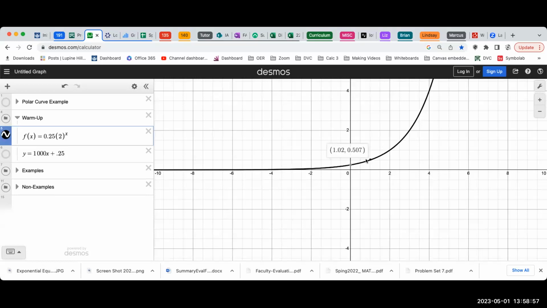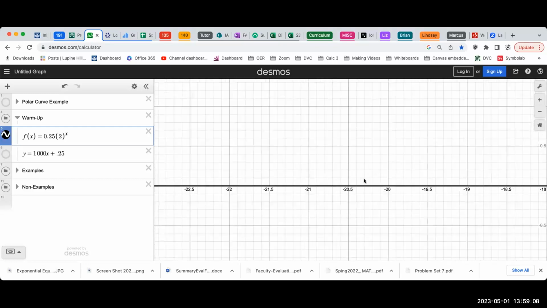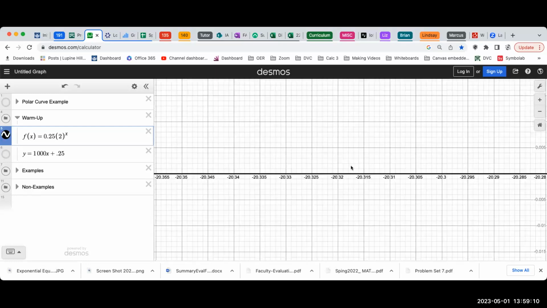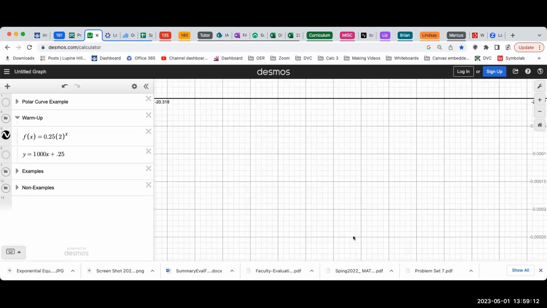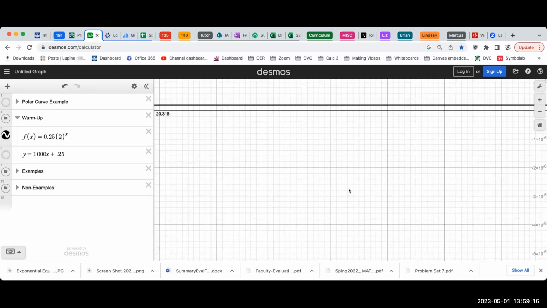Let's see. The graph goes down and you see the y values there. Let me go really far out. Is that true? Maybe I went too far out. It is not true.